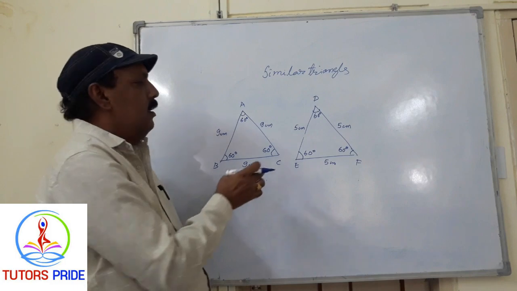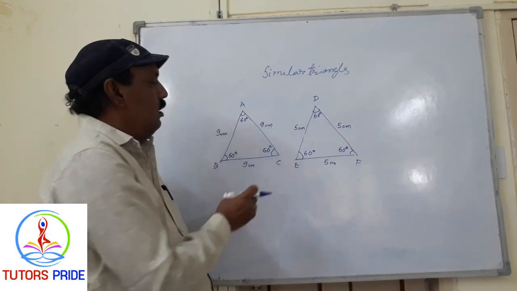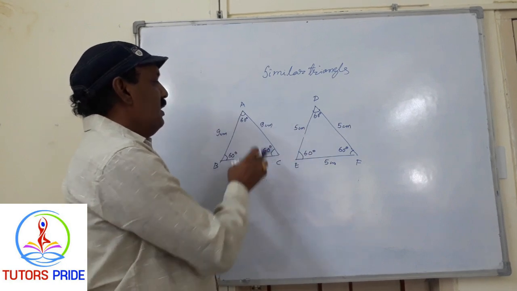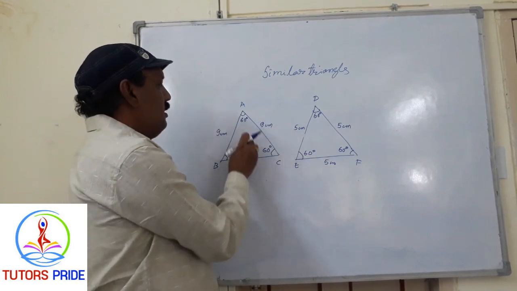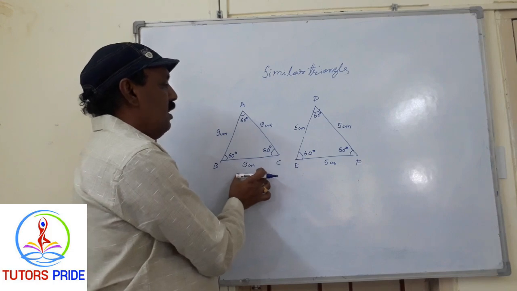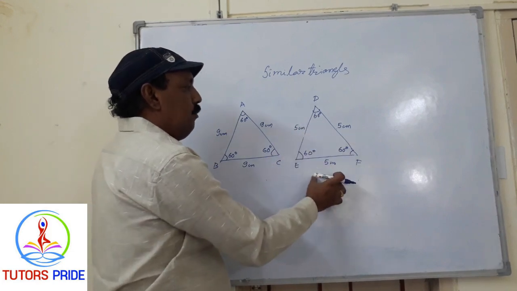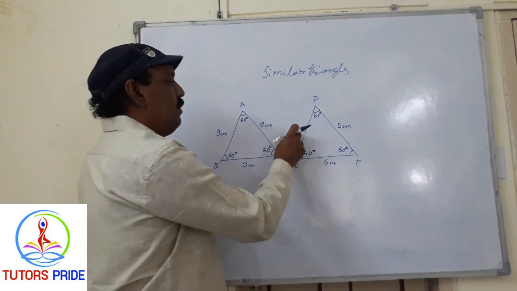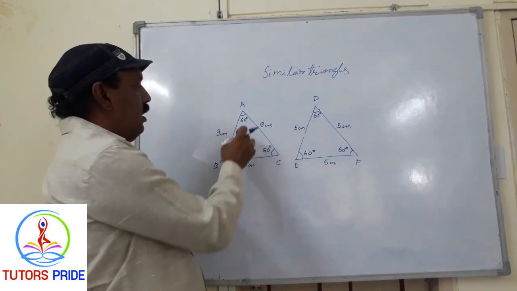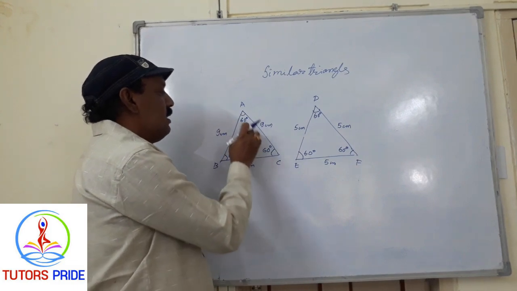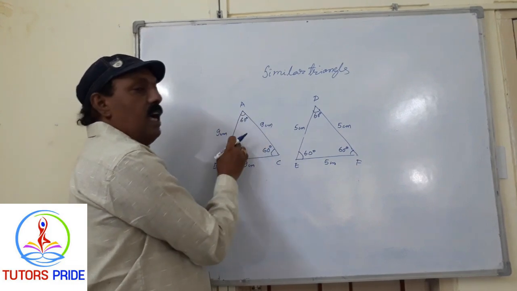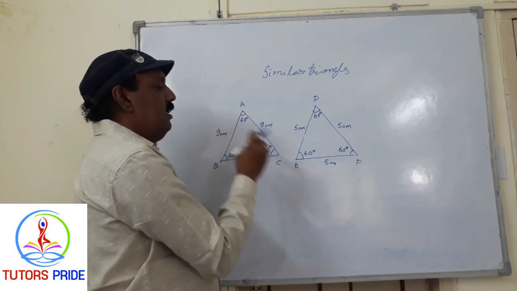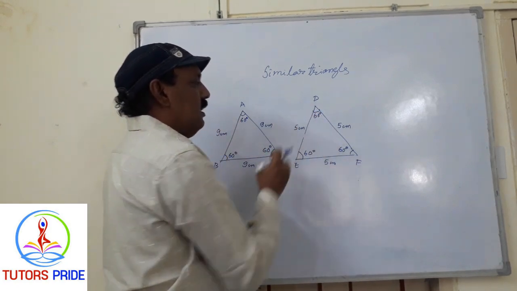What is the concept of similarity here? The three sides of triangle ABC are equal, 9 centimeters, and the three sides of triangle DEF are equal, 5 centimeters. The sum of the angles in each triangle is 60 plus 60 plus 60, 180 degrees.